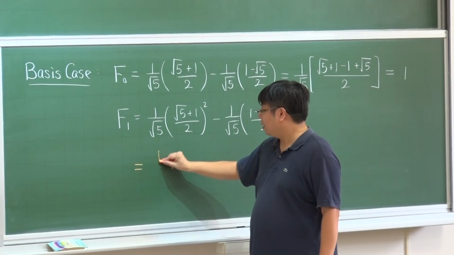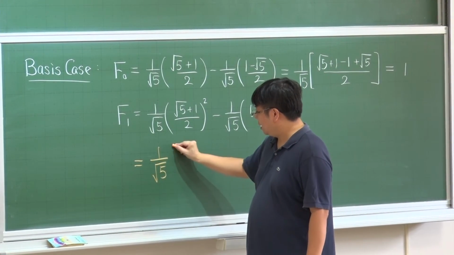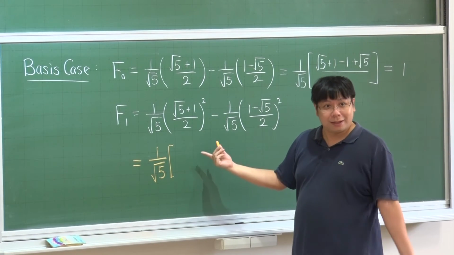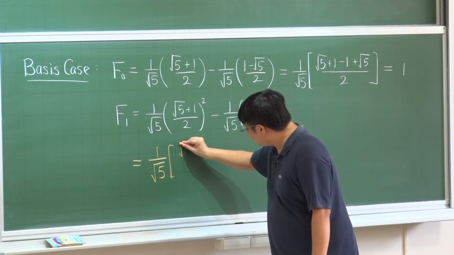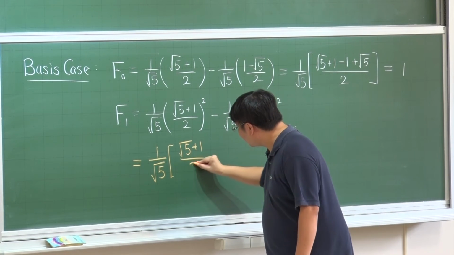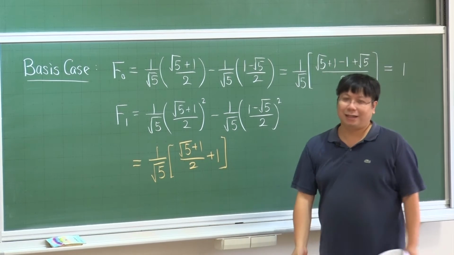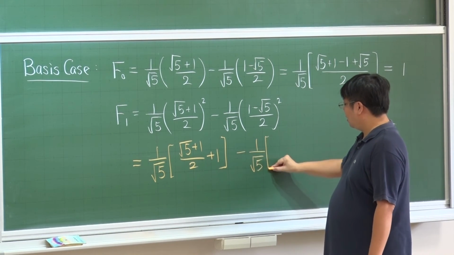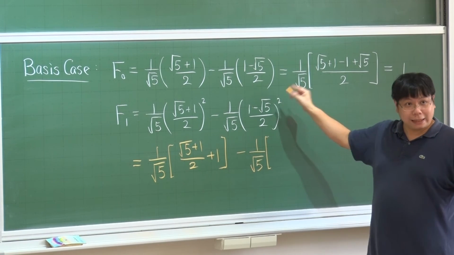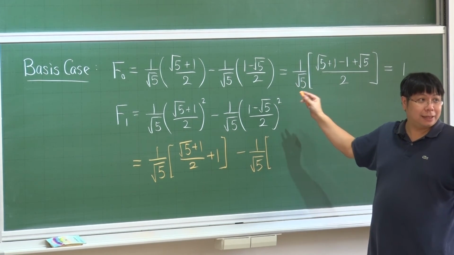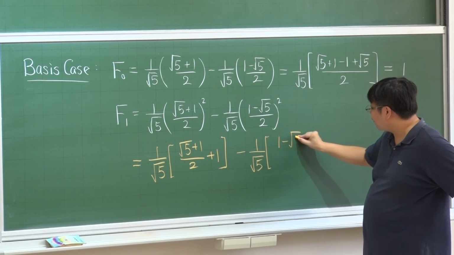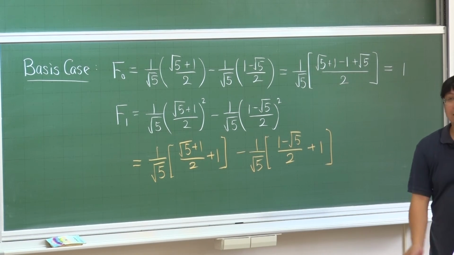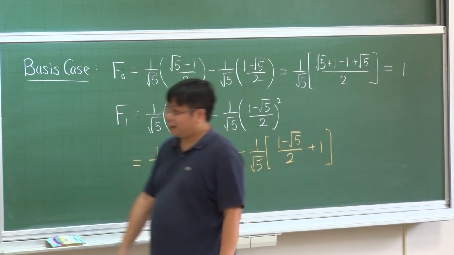Then we are going to use this fact. So this is equal to 1 over square root 5 times this x squared, which is x plus 1, so it is square root 5 plus 1 over 2 plus 1. Then minus 1 over square root 5 times the other root squared, which has the property that it is equal to x plus 1, so it is 1 minus square root 5 over 2 plus 1.